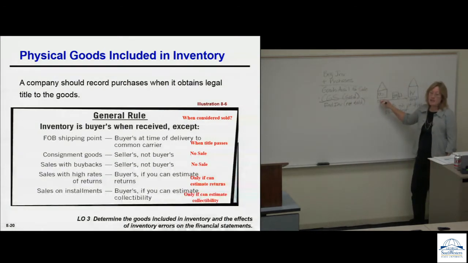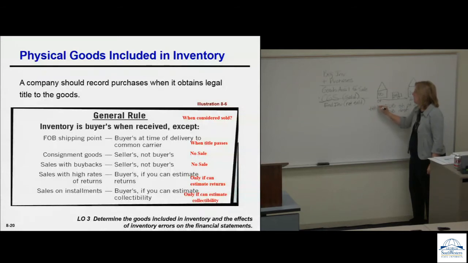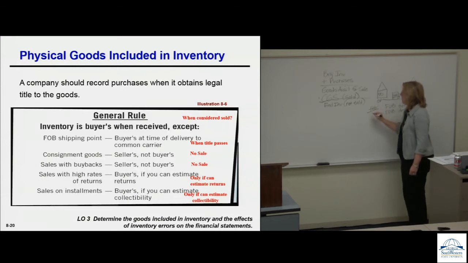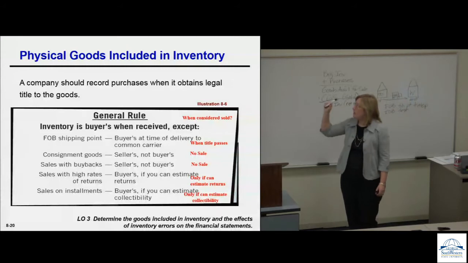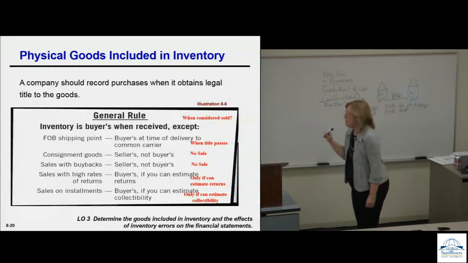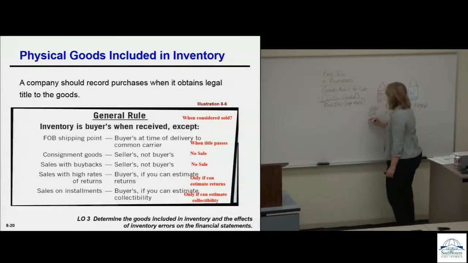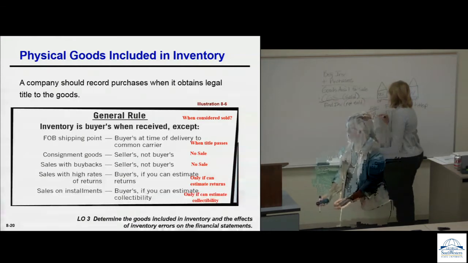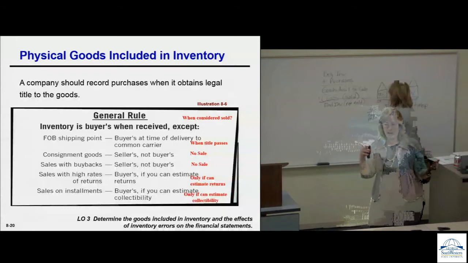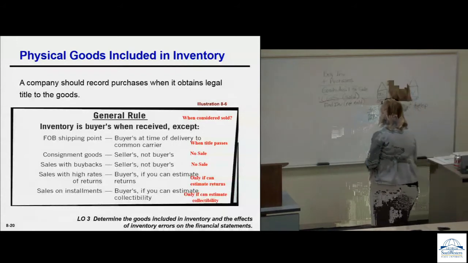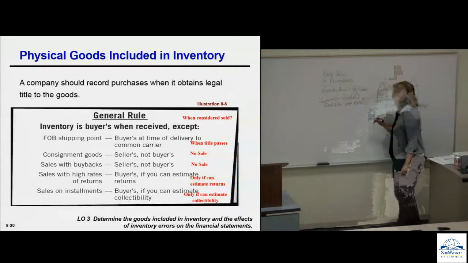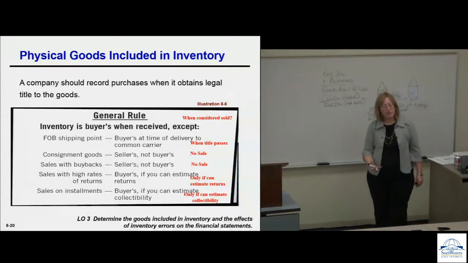So when the title passes, what does that mean? The goods are sold because it's considered sold when the title passes, and the inventory changes hands. Literally, it's not ours anymore. The title passes, it's not ours, it's considered sold. So when it's sold, it's going to go to cost of goods sold, and we're going to take it out of inventory, right?